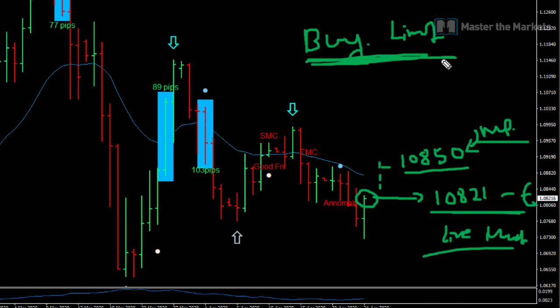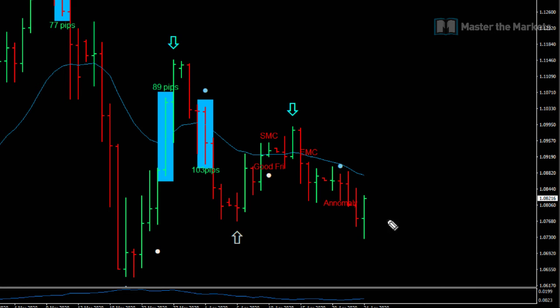Now, for example, let's say something different happens, that we put an order here at 108.20, market price 108.21. But tomorrow, let's say you miss the trade again, and the market now went down a bit and is trading at this price here at 107.90.